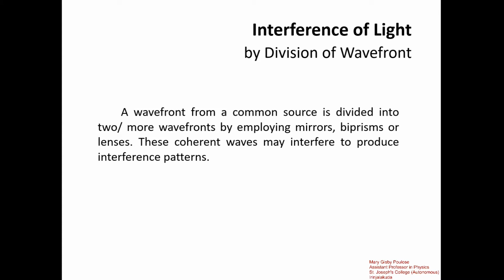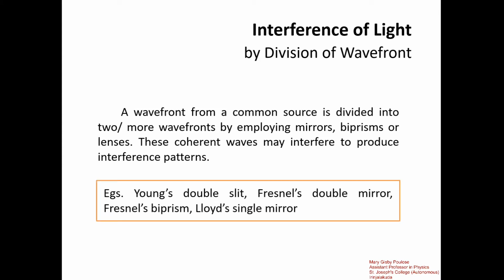These waves are coherent and they interfere to produce interference patterns. Here are some of the techniques that are used to produce interference of light by division of wavefront. They are Young's double slit experiment, Fresnel's double mirror experiment, Fresnel's biprism experiment, and Lloyd's single mirror experiment.